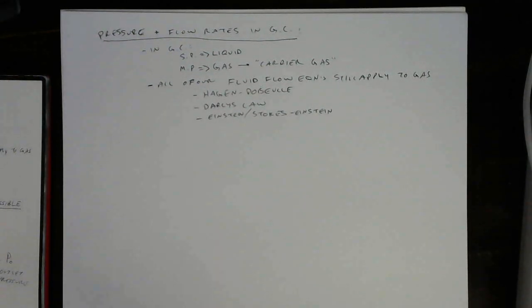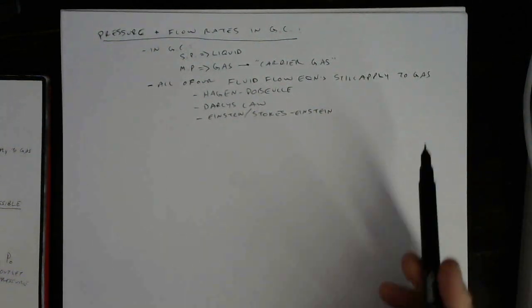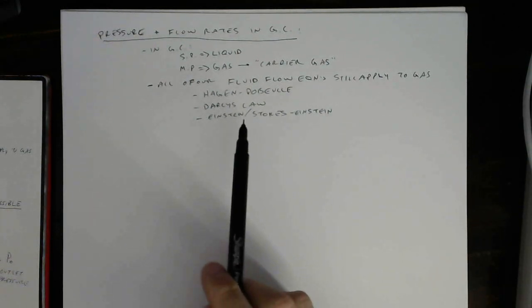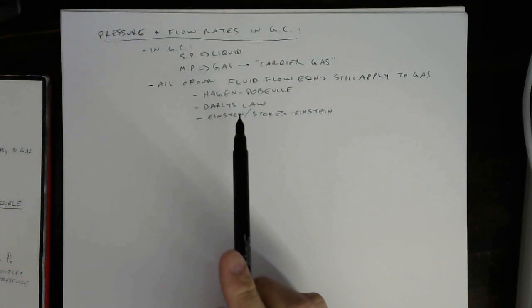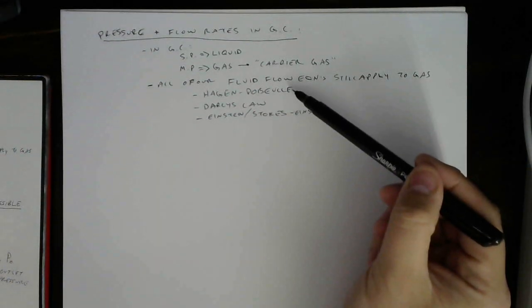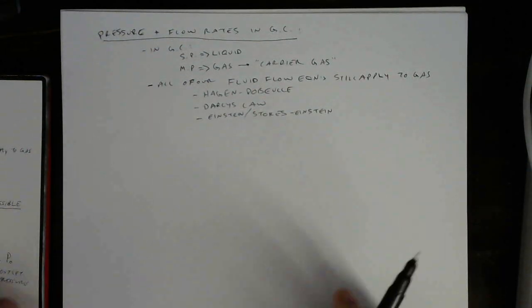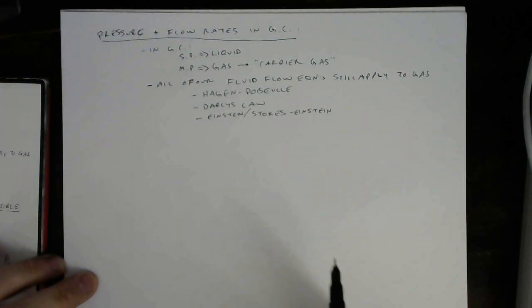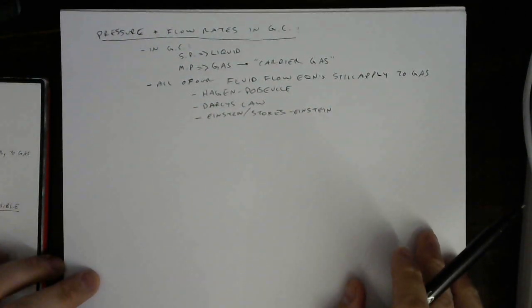All of these still technically apply to gases. If you find yourself in a situation where you have a flow system or a gas fluid system where the density and the viscosity of the gas are constant throughout the system, you can plug in your known factors into something like Hagen-Poiseuille for viscosity, and you can get pressure and volumetric flow rate relationships.